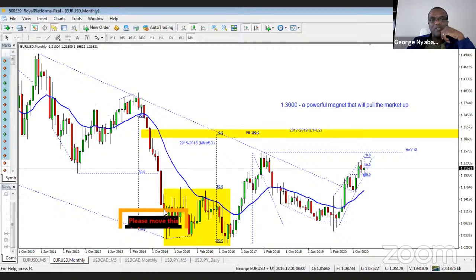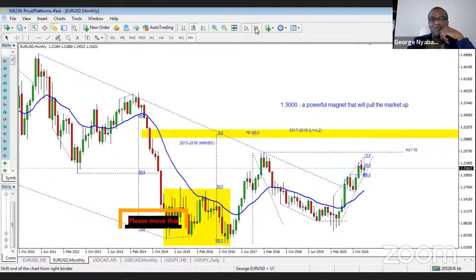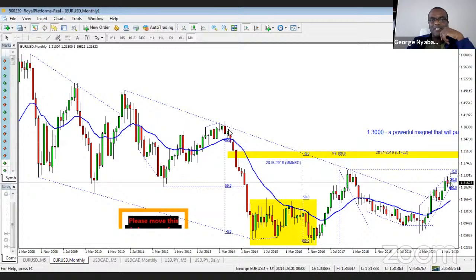At some point, we had this very strong bear trend and bear breakout from May 2014, which ended in 2015. And then the market went sideways. The market created a trading range before we had a bear resumption.